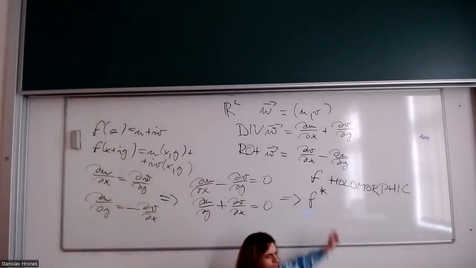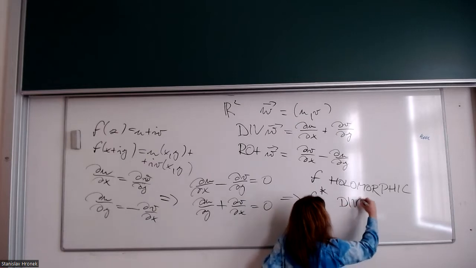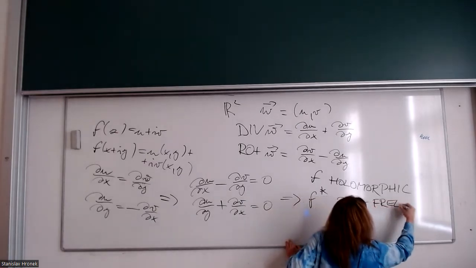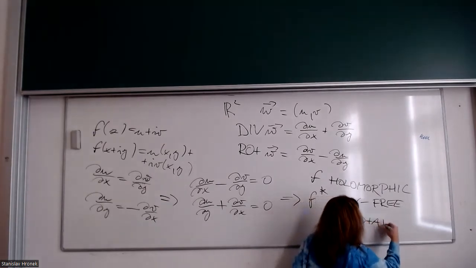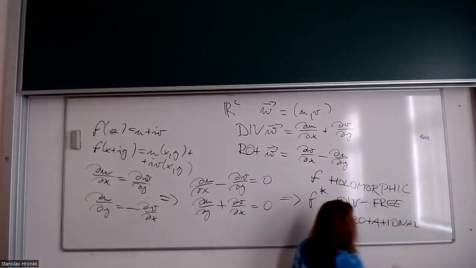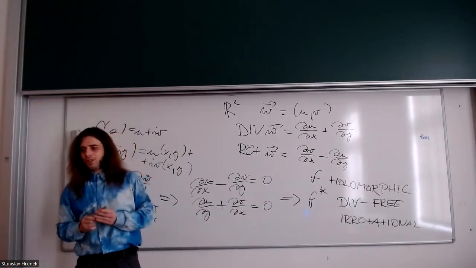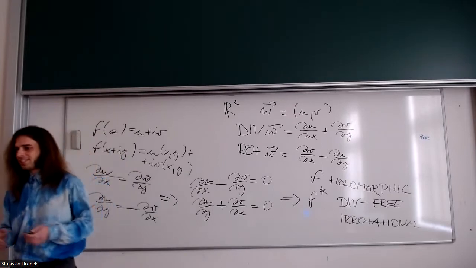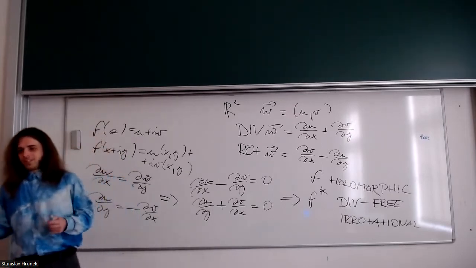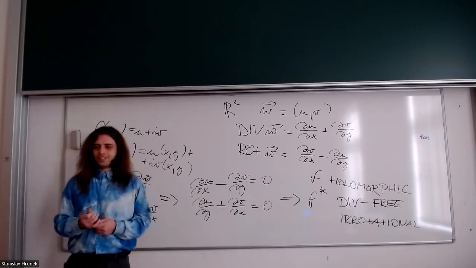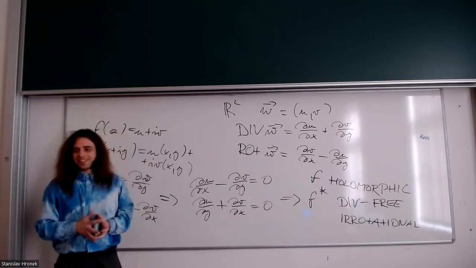So the complex conjugate of that function will make a divergence-free and irrotational flow, which essentially means that there will be no sources, no sinks, no vortices in that flow, just some sort of normal, boring flow with no interesting things.